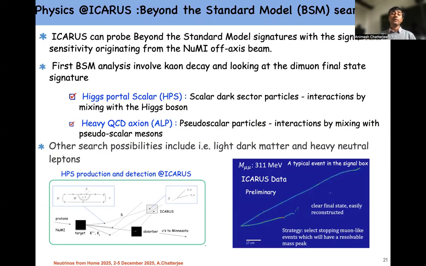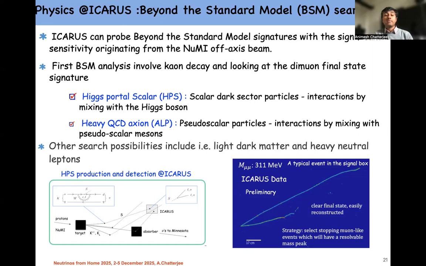Now, looking at the other physics motivations, the sterile neutrino search. ICARUS can probe beyond standard model signatures using the NuMI beam, as the NuMI beam is off axis, in a sense reducing the neutrino background.